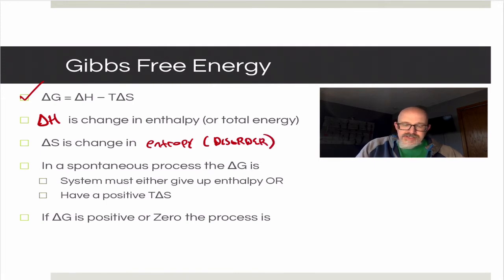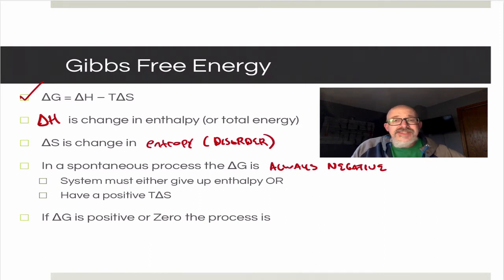The basic concept is that in a spontaneous process, the delta G, or the free energy, is always going to be negative. So when you do the math, it will always equal a negative. If it's a negative number, it is a spontaneous process, right? That is the key.